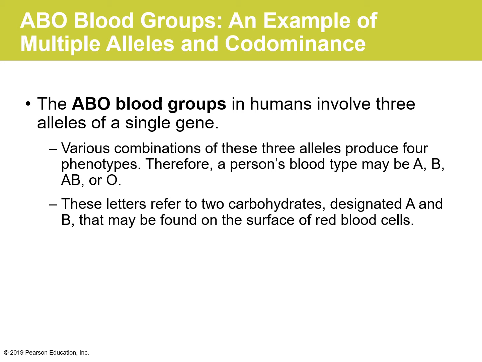An individual with an A blood group has the A antigen sticking out, while an individual with B has the B antigen. An individual with AB blood group has both A and B antigens on the RBC surface, while an individual with an O blood group does not have either A or B antigen.